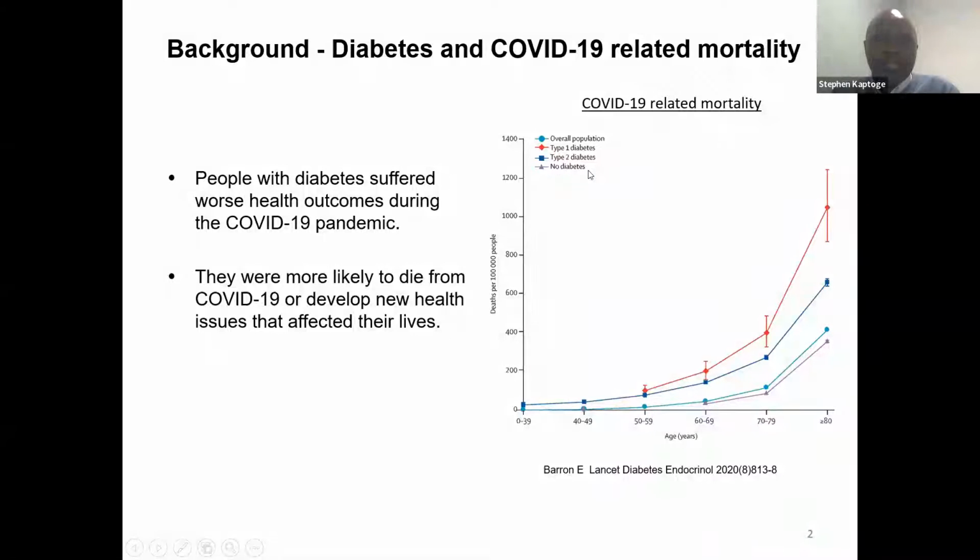However, we also recognize that diabetes may not necessarily be seen as a binary condition, present or absent. That motivated us to think about what other characteristics of diabetes may be worth looking at in terms of the impact of COVID-19.